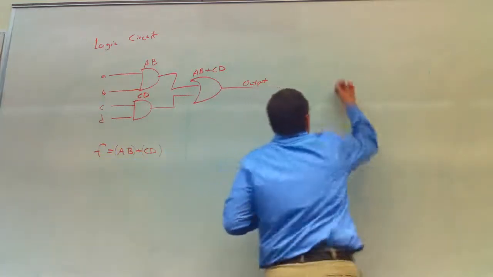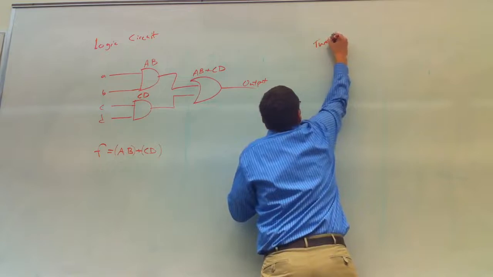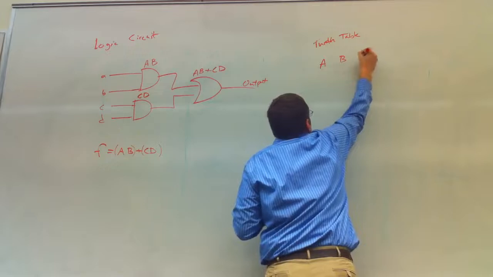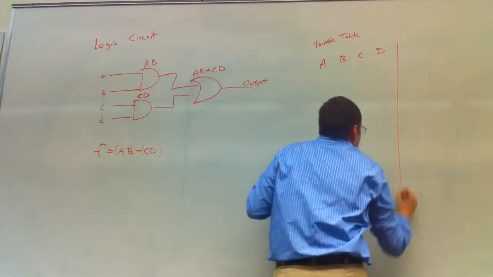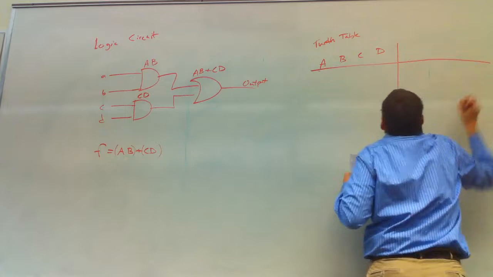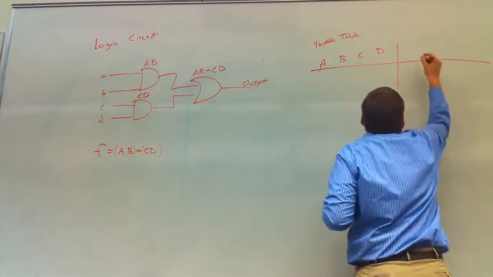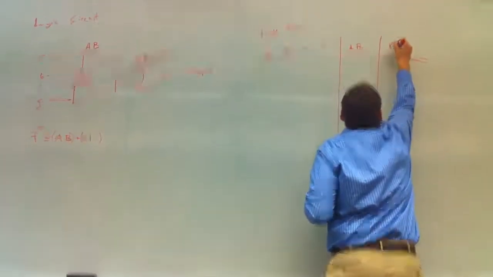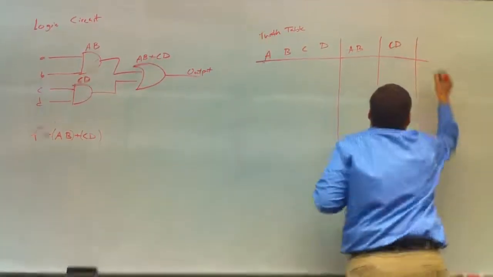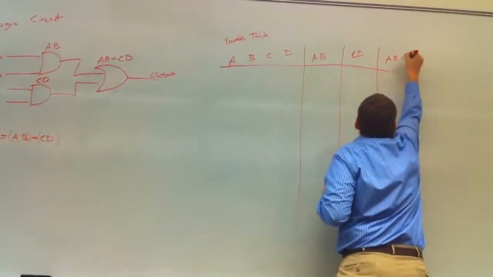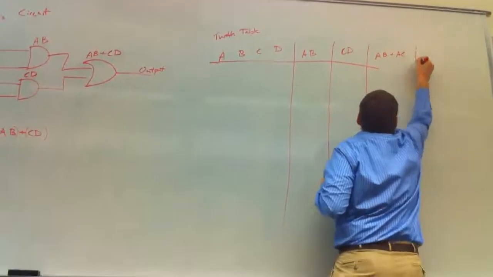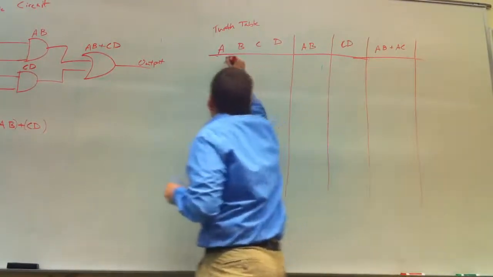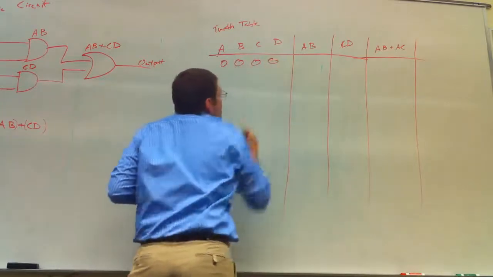Then we can also do the truth table of this function. So we put A, B, C, D. We'll do A and B first, then C and D, and then we'll do the OR: AB plus CD.